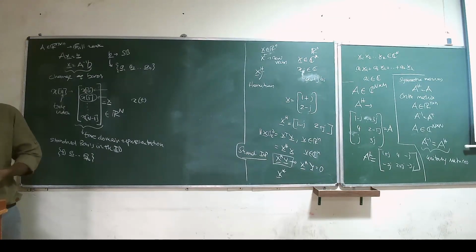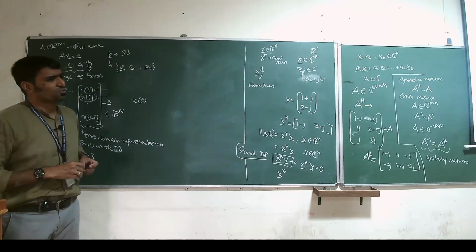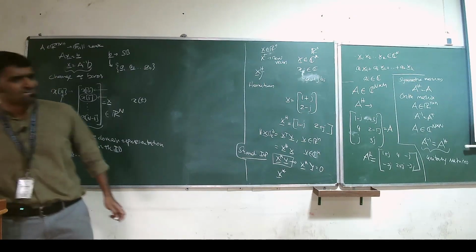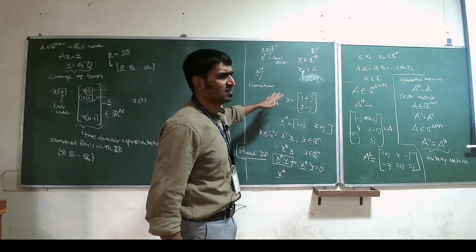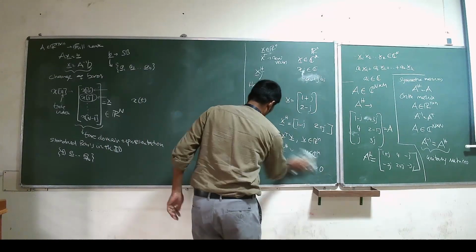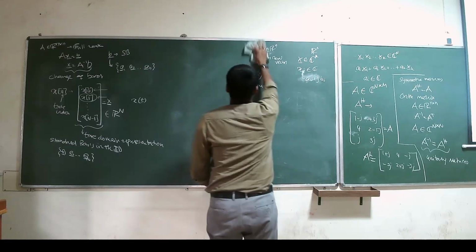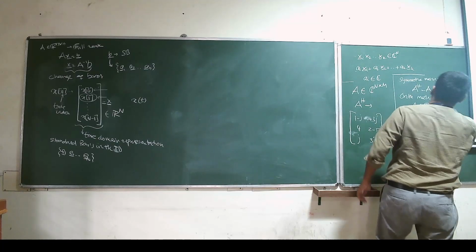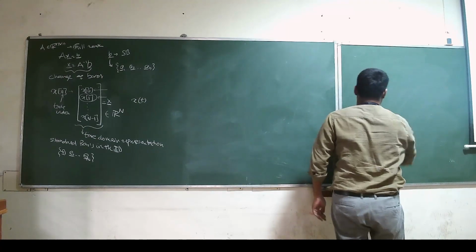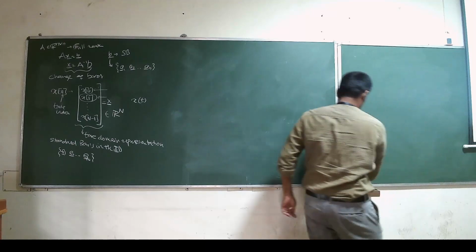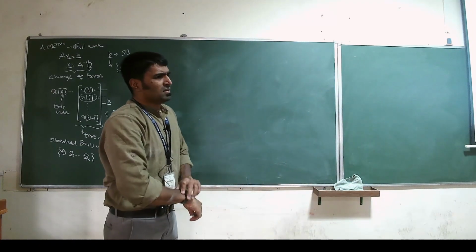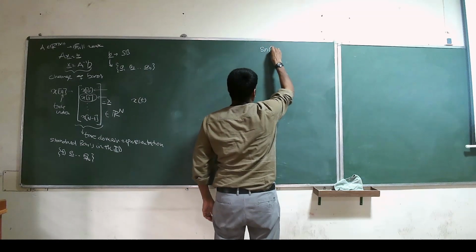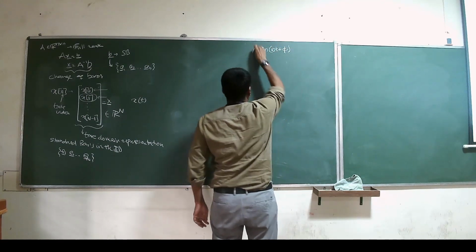We'll now move on to look at what is the Fourier basis. Okay, let's say we have a sinusoidal signal like this: A sine omega t plus phi, with some amplitude.